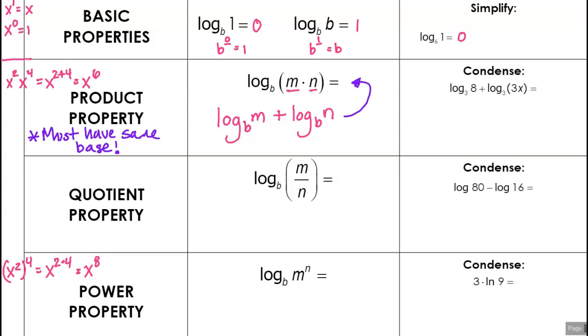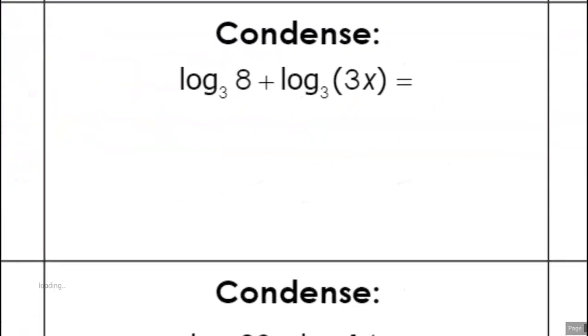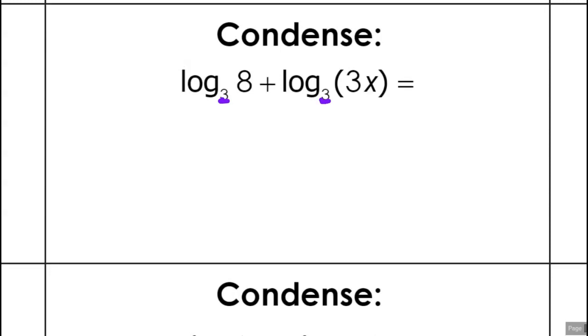Let's try. We're going to condense first. I have two logs with the same base. I can condense them. The two logs are being added together. So to add them together into a single log, all you have to do is multiply the arguments.